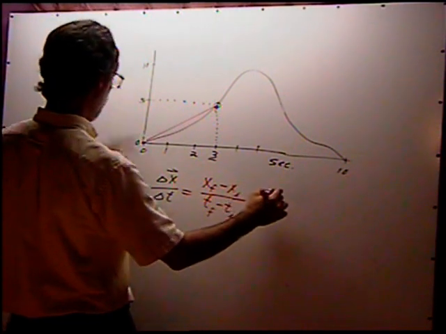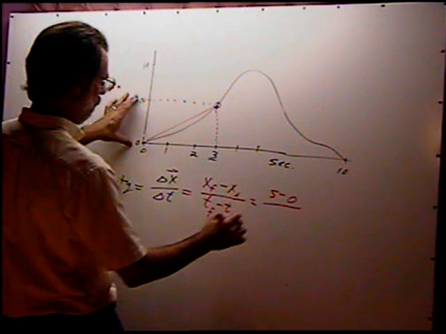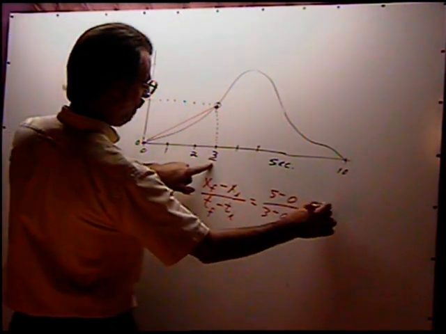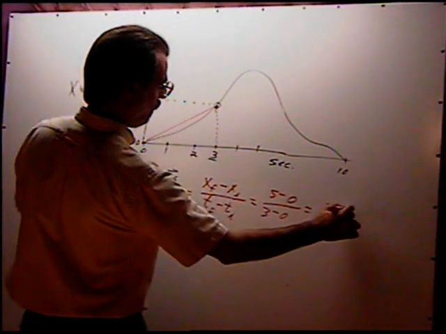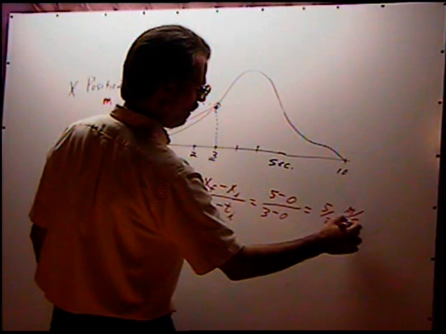My final position is 5. My initial position is 0. My final time is 3. My initial time is 0. And I get 5/3 meters per second.